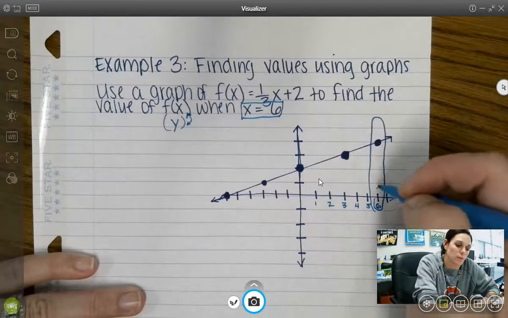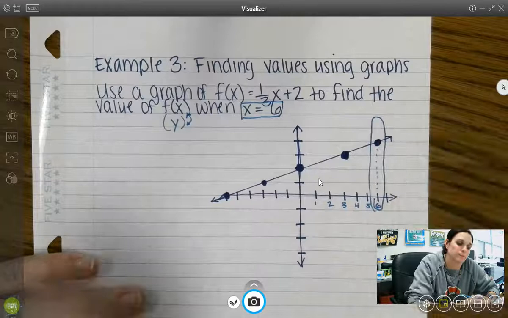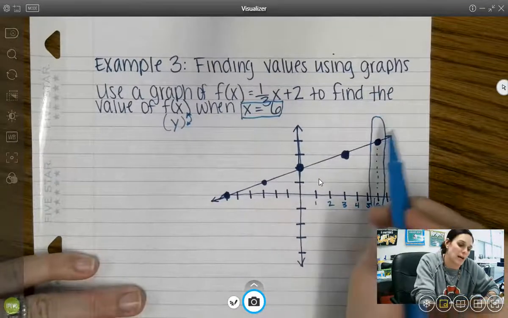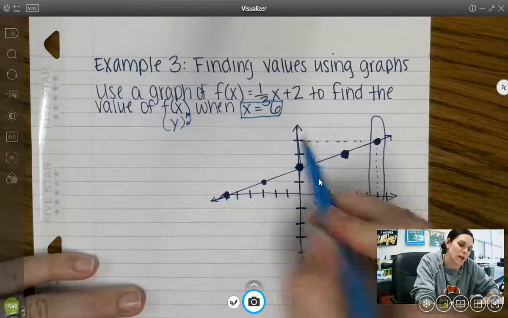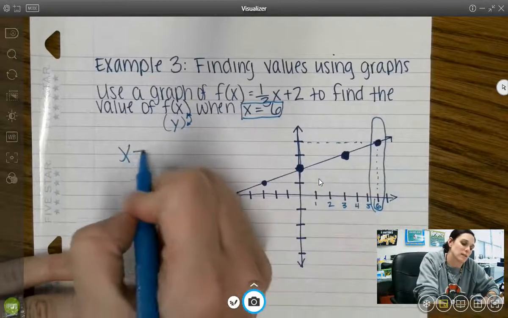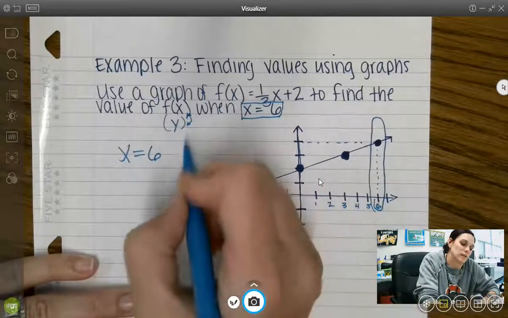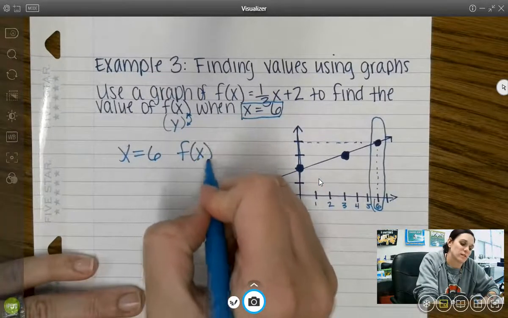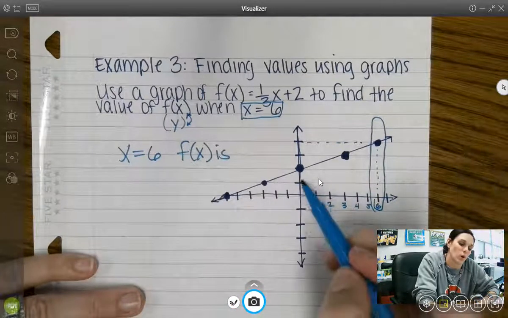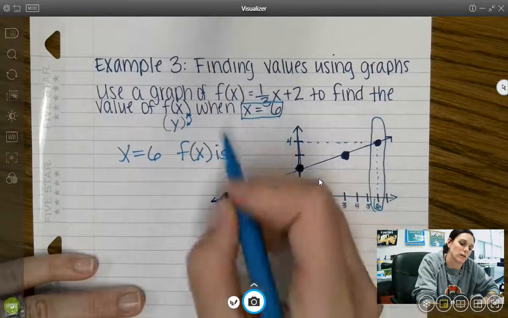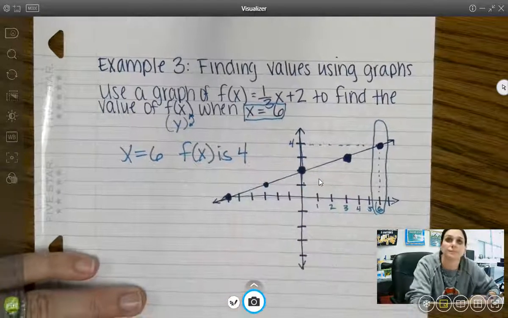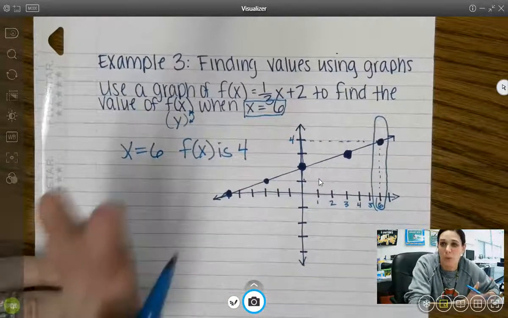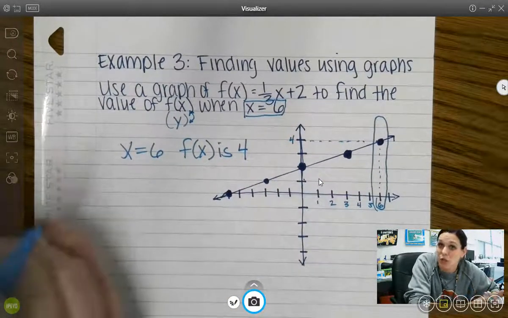So I go up until I hit the line. Once I hit the line, I bring it on over, and I realize that when x equals 6, f of x is 4. So we're reading graphs and we're able to interpret them accordingly.